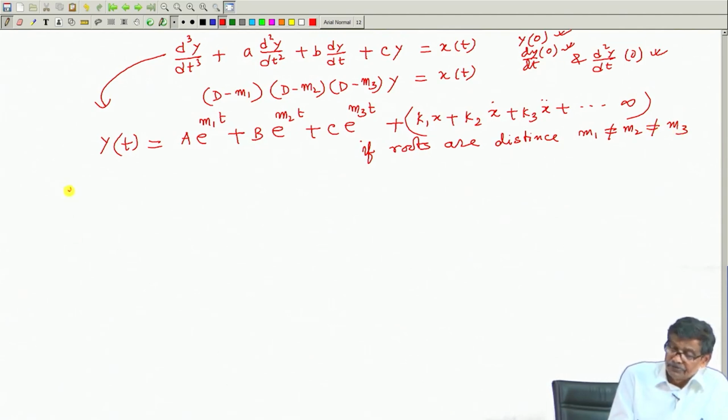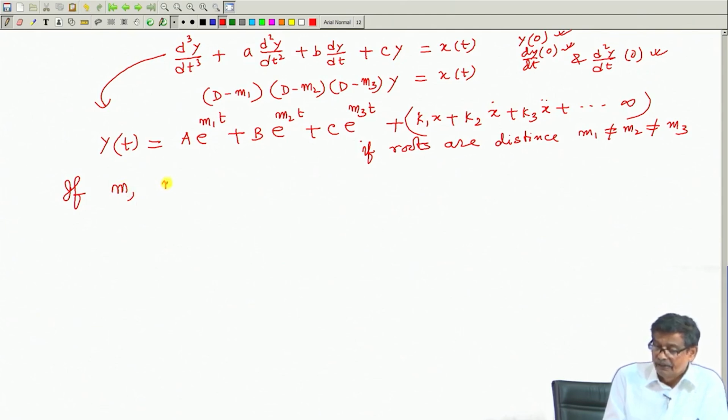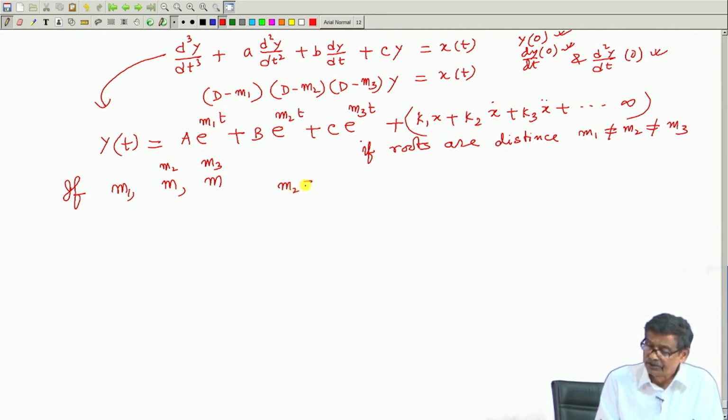Suppose let us say m 1, m 2 and m 3, suppose m 1 is alone and these 2 roots are repeating.